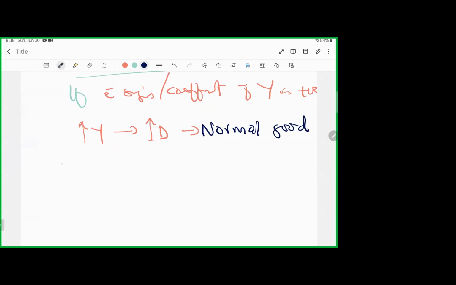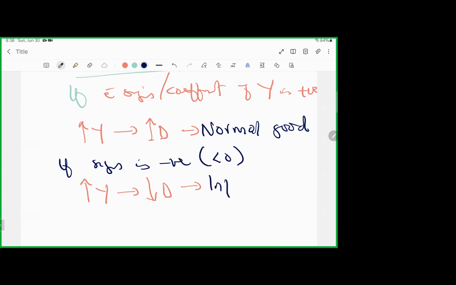And if the coefficient or the sign is negative, it means that once there is an increase in your income, you decrease the demand for that good. In this case, this good is an inferior good.